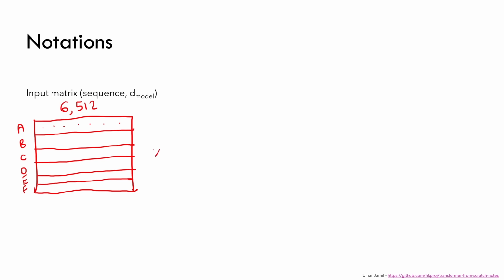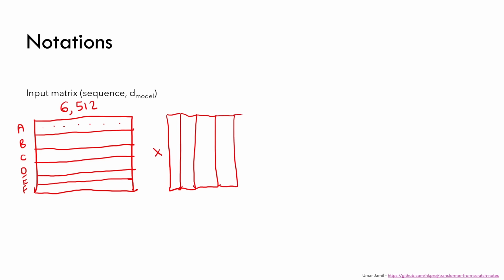If we multiply this matrix by another matrix, let's say the transpose of this matrix, so it's a matrix where the rows become columns, so 3, 4, 5 and 6.